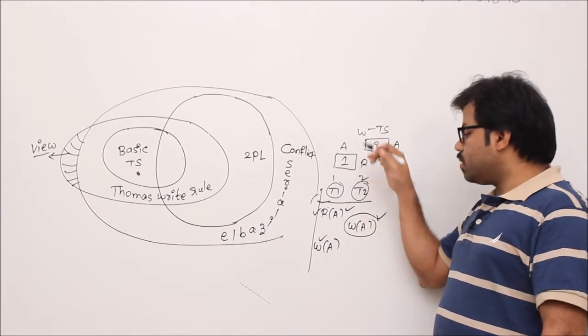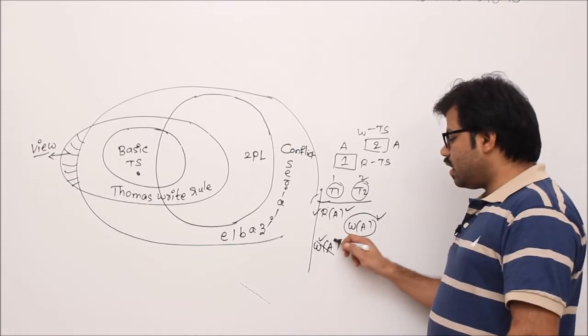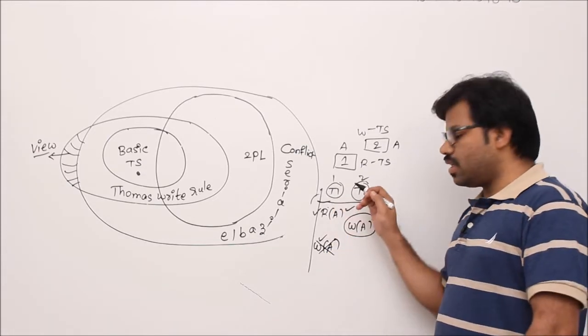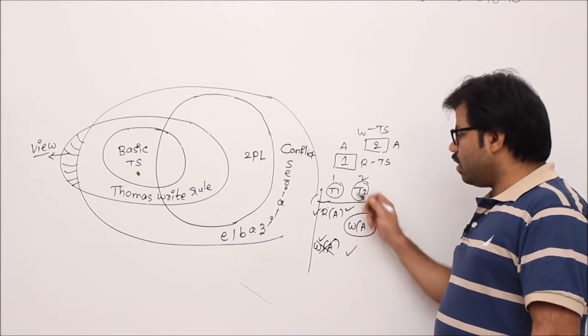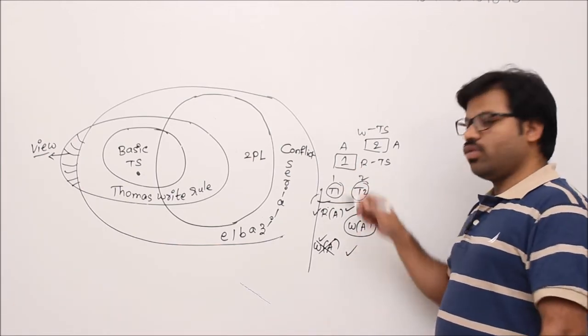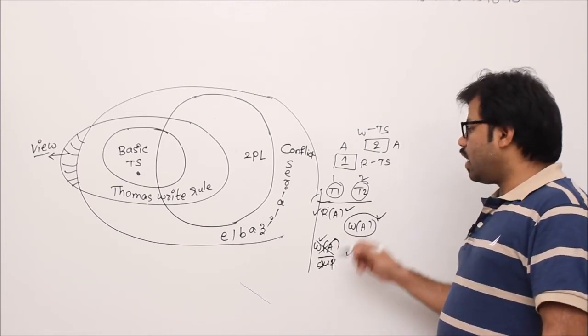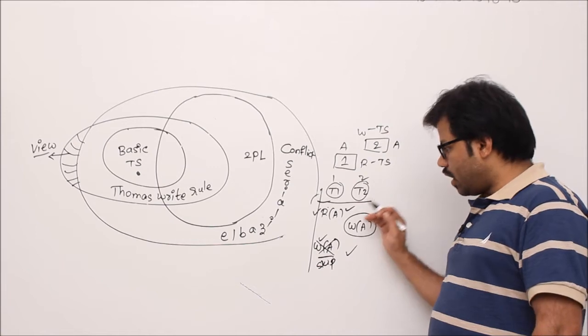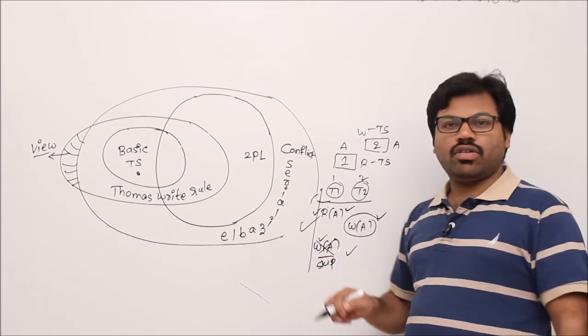Since the write timestamp is bigger, at that time, if you see Thomas-Wright rule, we simply cancel this operation but we don't cancel T1 or T2. So we are finally allowing the schedule, correct? By skipping this operation, we allow this schedule. That's why finally you allowed this kind of schedule, correct?